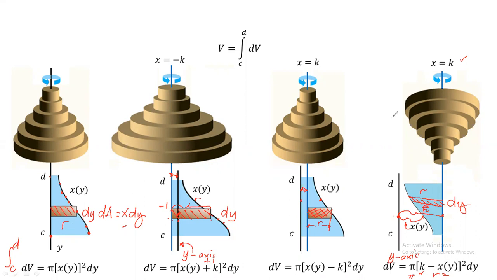In all four scenarios, the volume is computed as dV, which is pi r squared dy. So generally, it's pi r squared dy, integrated from C to D. They only change in the r expression.